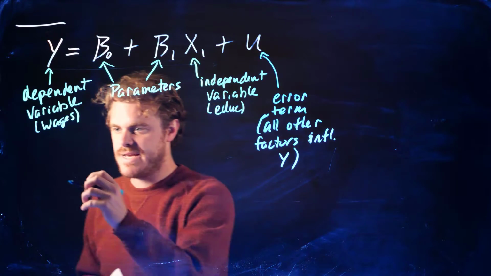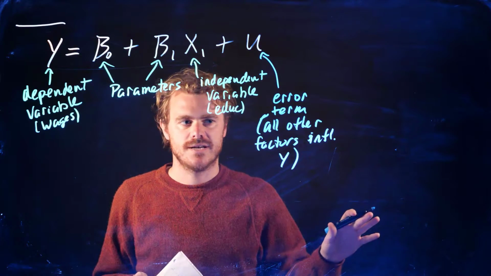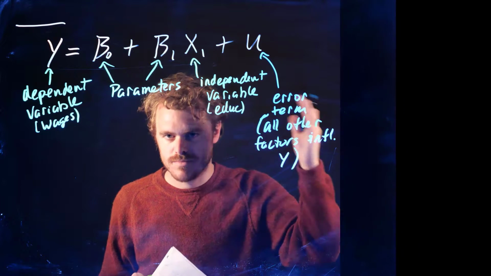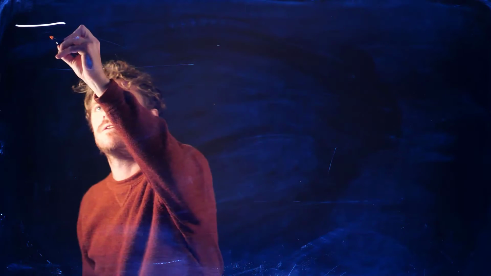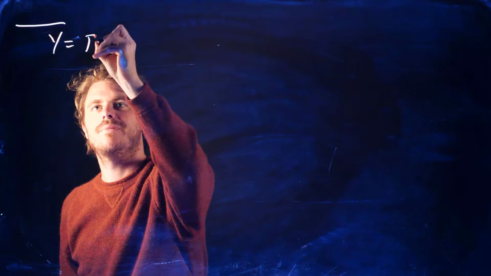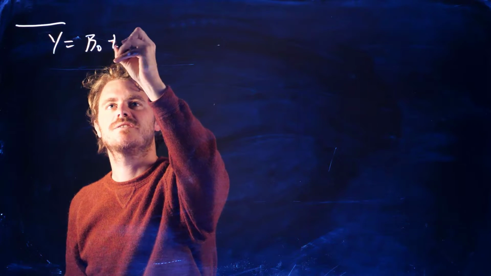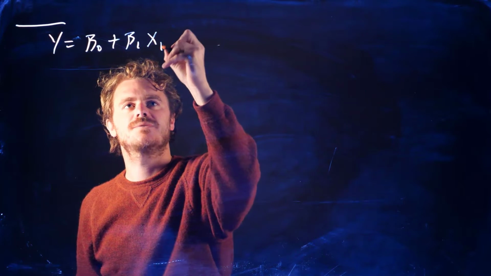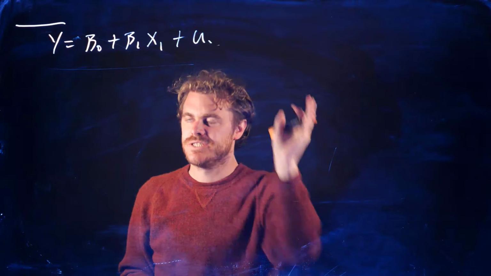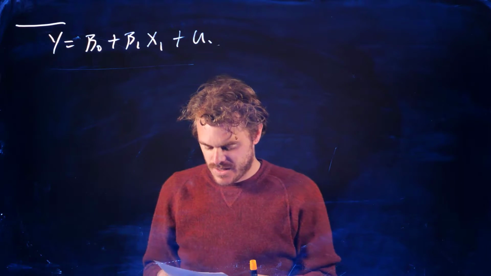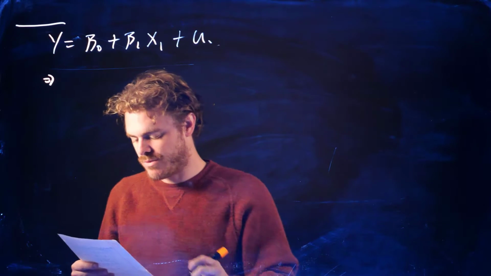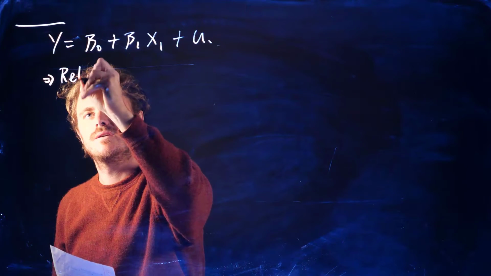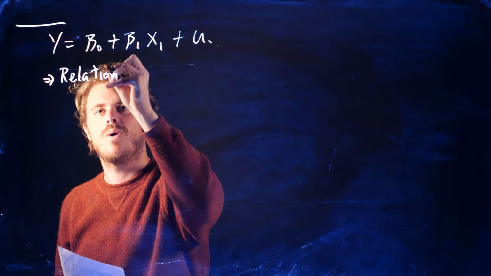All right, in terms of the second issue, why don't I just erase this to give myself a little bit more room, and we'll talk about the next couple issues. Let's rewrite this model up here so we can keep it in mind. Y equals beta 0 plus beta 1 x1 plus u. So in terms of the second issue, it's about the relationship between y and x.